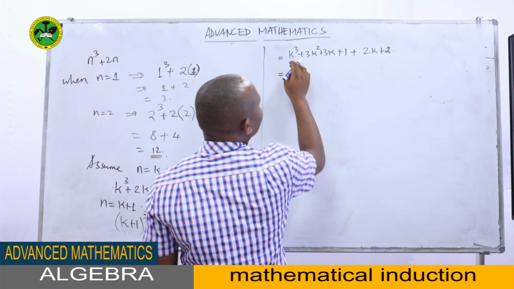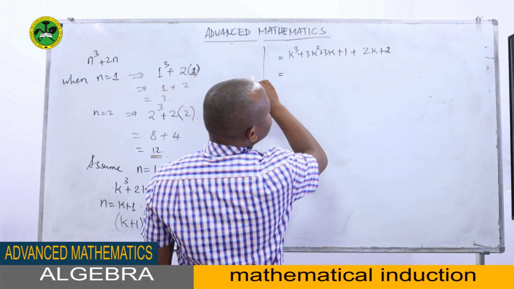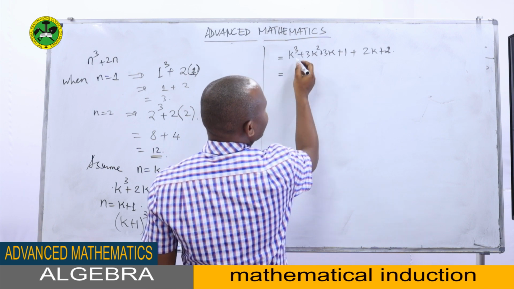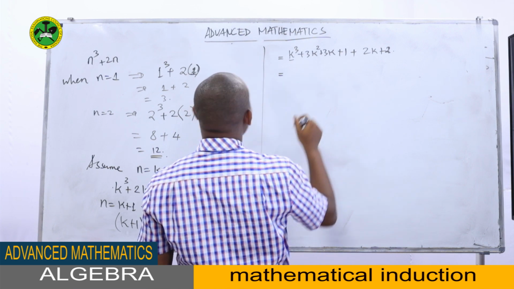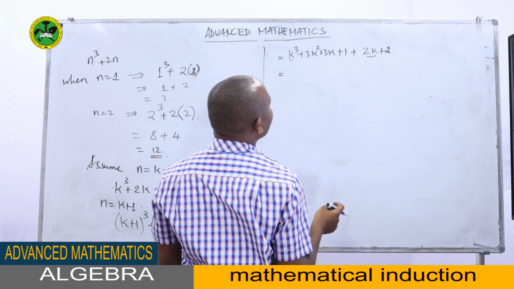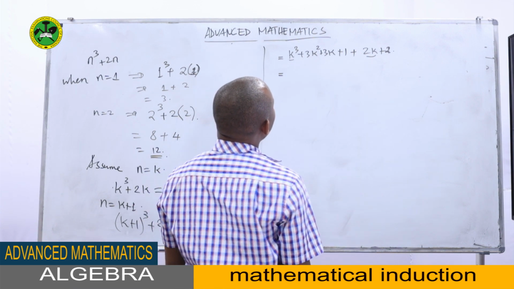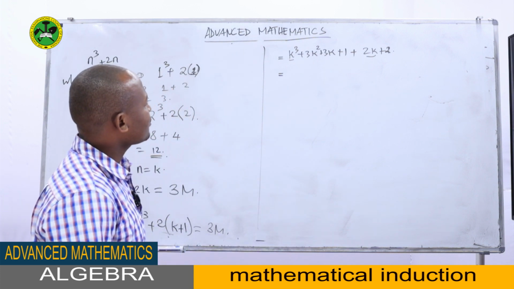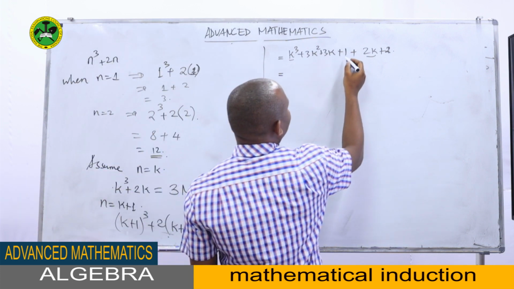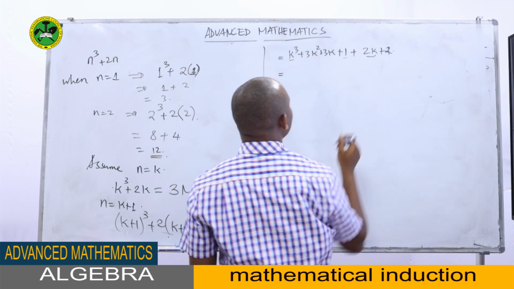Now let's check it out. If you try to see how it holds, we can collect like terms. We have a constant there, and also we have a constant there.